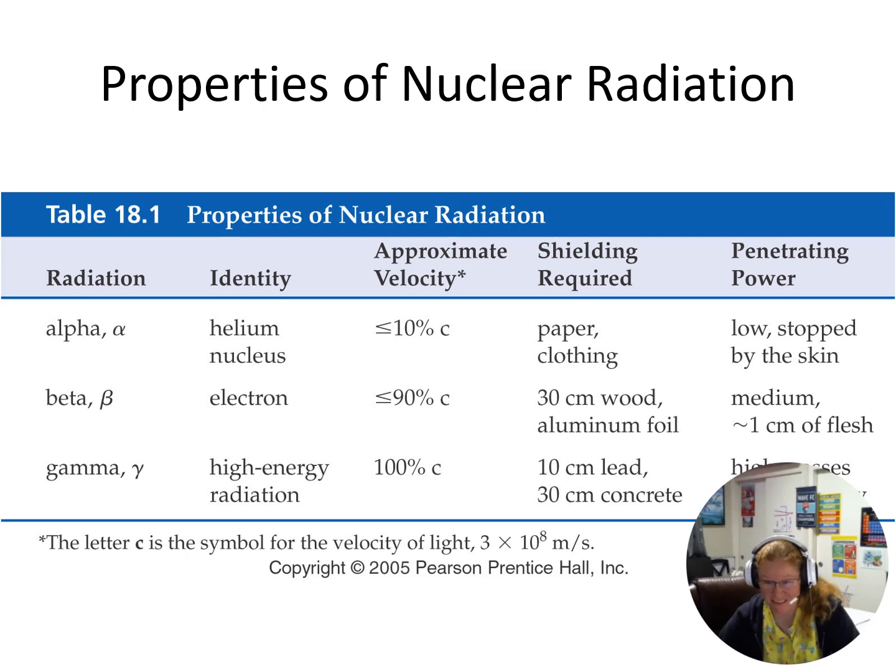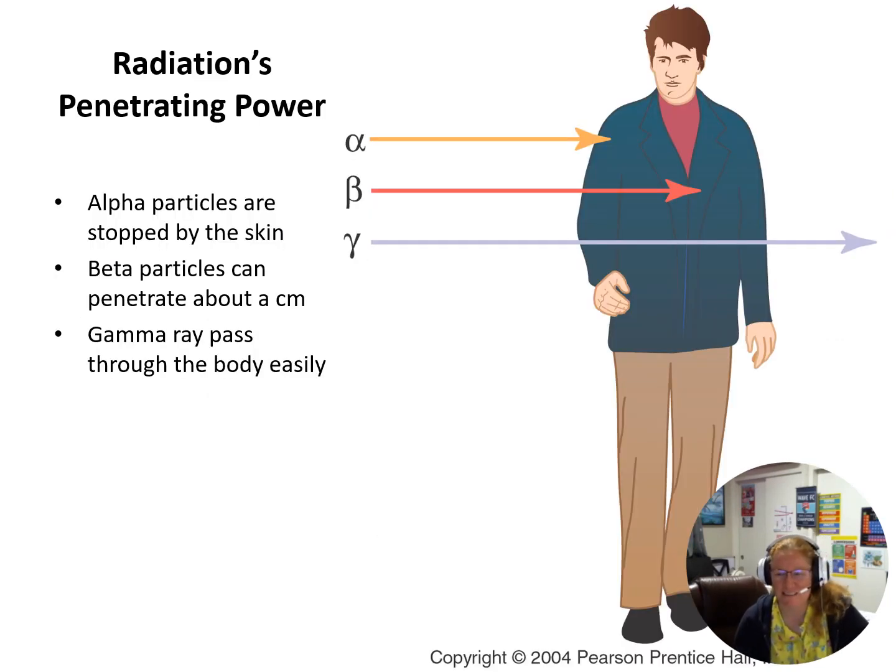They go very fast, and we actually need a chunk of lead to get those to stop. These two pass through our body. They can do a heck of a lot of damage. Here I have a graphic. You can see alpha particles get stopped pretty easily. Beta penetrates a little bit, and gamma rays do pass through our body very, very readily.